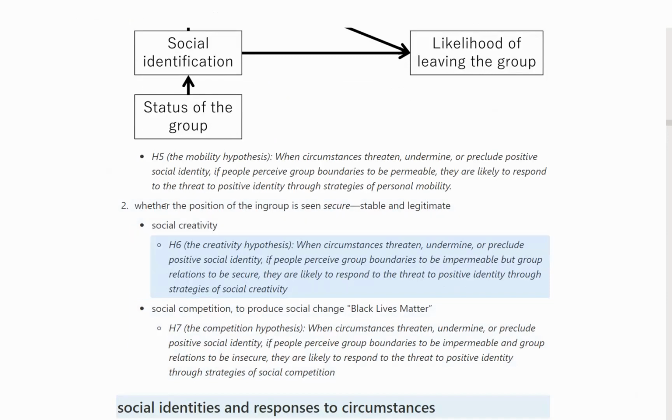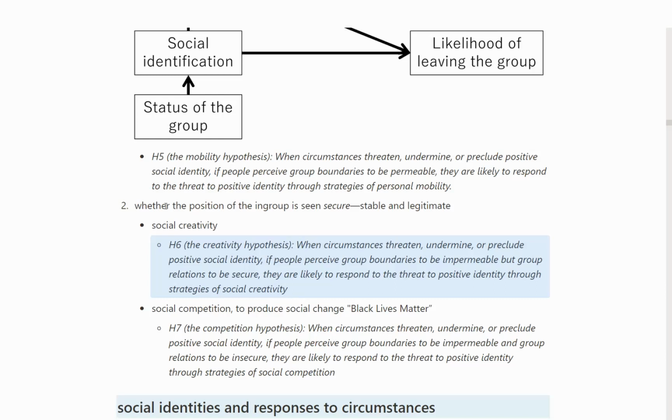So in the form of hypothesis, the creativity hypothesis: when circumstances threaten, undermine, or preclude positive social identity, and if people perceive group boundaries to be impermeable, but group relations to be secure, they are likely to respond to the threat to positive identity through strategies of social creativity.